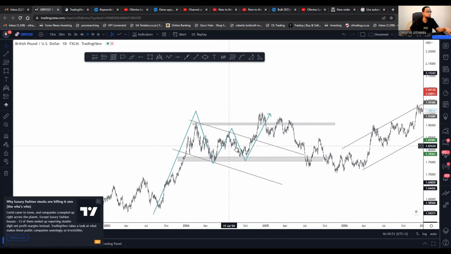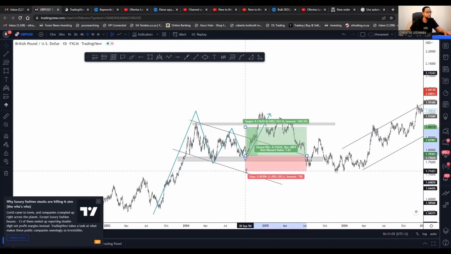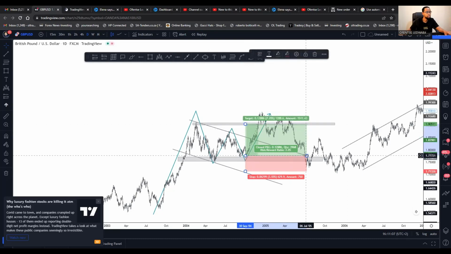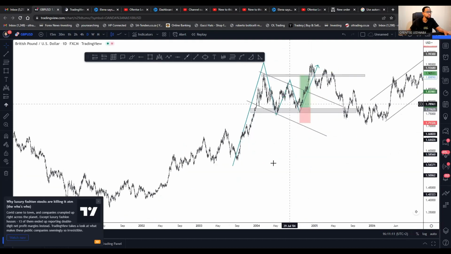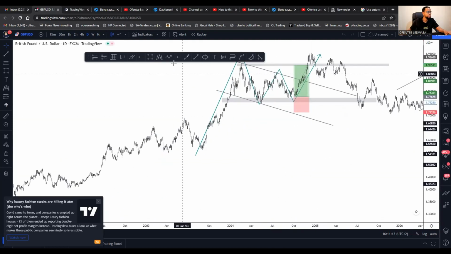So once we know, here you can see we formed a nice W or a double bottom. So you know that you are taking your trade, and then that's how you're gonna win.